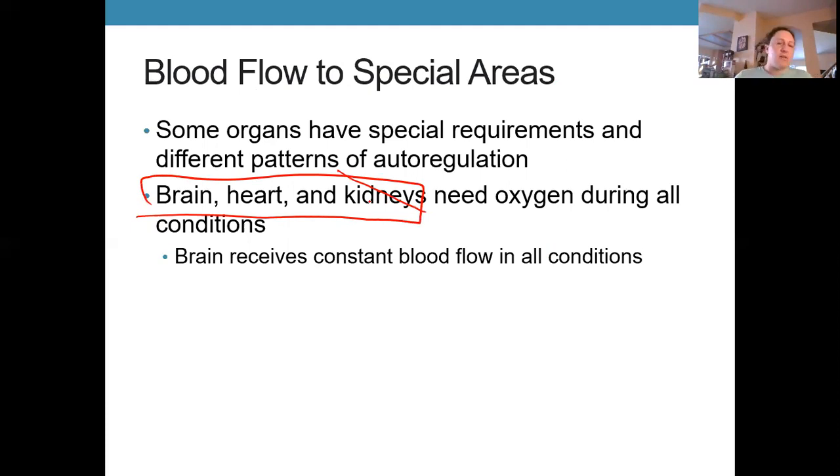So the brain and the heart are the most important, because if you deprive them of blood flow, then you're probably going to die, or at least suffer some pretty intense consequences. And, you know, bad things happen if your kidneys don't get blood for long enough, but they will get cut off for short periods of time in the interest of immediate survival. So they are special because they don't follow the normal rules of autoregulation, which says that the extrinsic controls can override it because they are the critical areas that need the priority flow.